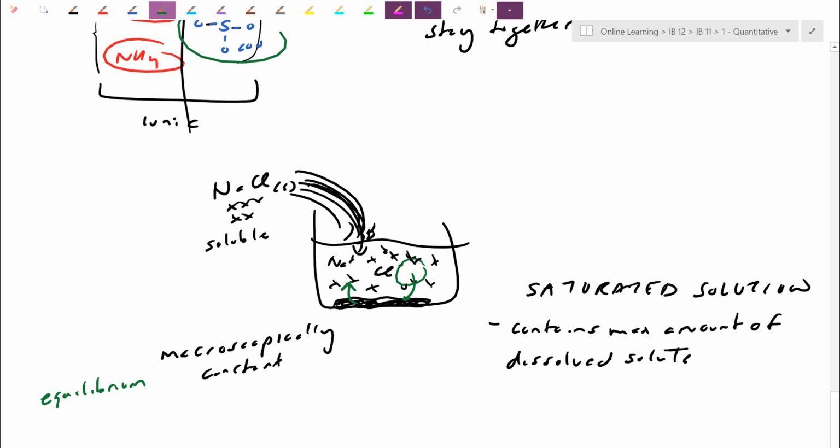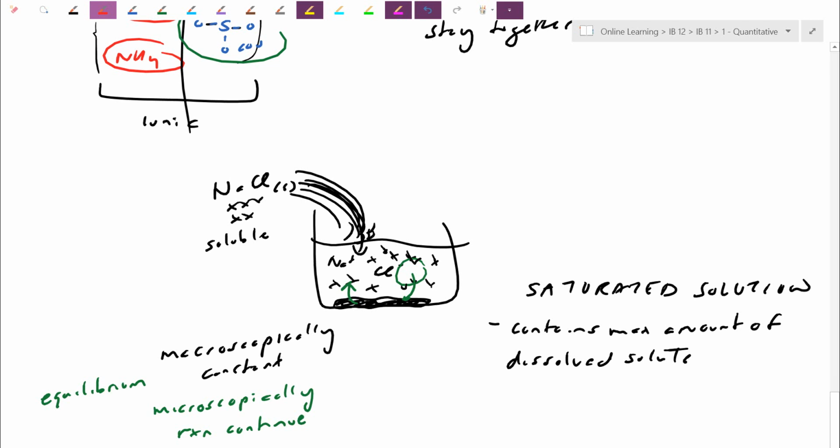As long as they do those transfers at exactly the same time, macroscopically we stay constant, even though microscopically the reactions still happen. Imagine a hockey game analogy. Whenever we do a line change, as long as 3 players go off and 3 players come on, we'll always have the same number of players on the ice. So that's what we have for an equilibrium. That's what we get for soluble.